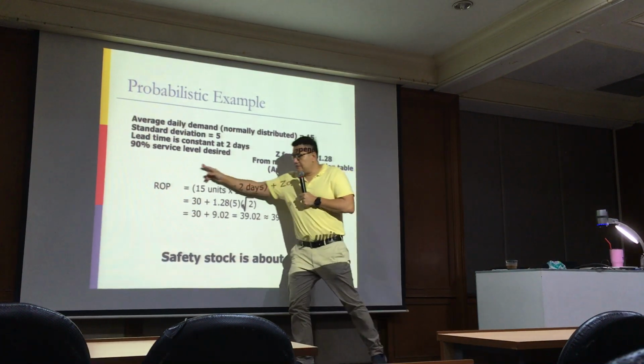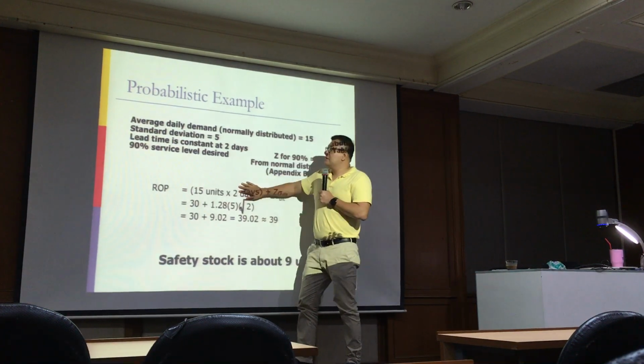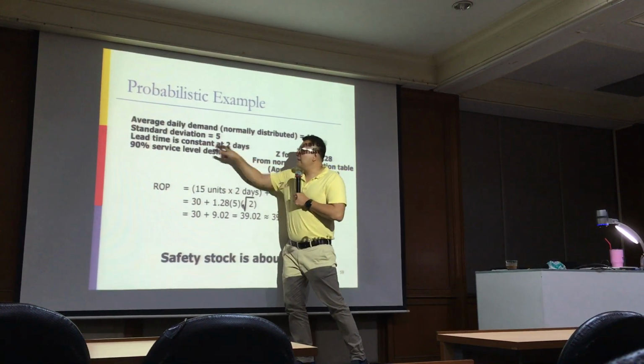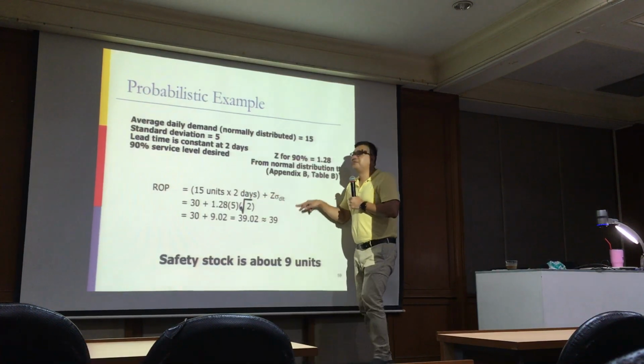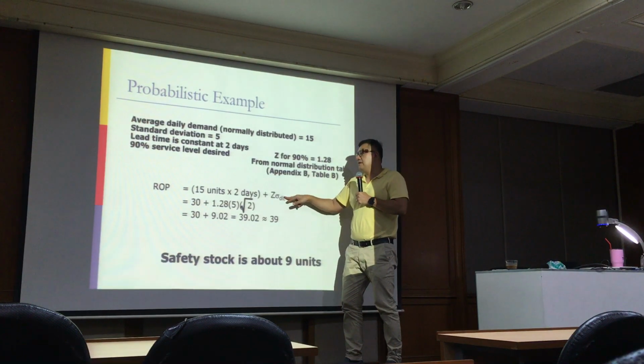What happens about the reorder point? The reorder point is going to be demand multiplied by lead time, remember? So you use the mean demand, 15, multiplied by lead time, 2. Then you're done for the first term. For the second term, safety stock is going to be Z multiplied by the standard deviation of demand during lead time.